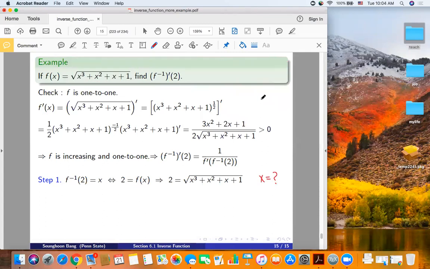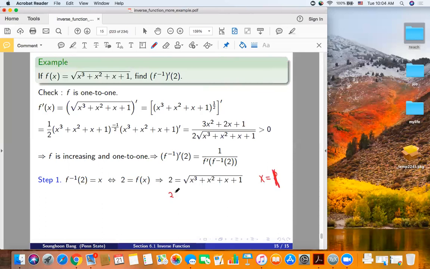So what is x? You can guess. Is it 1? Yeah, root 4 is 2. Yes, thank you. In this case x is 1.